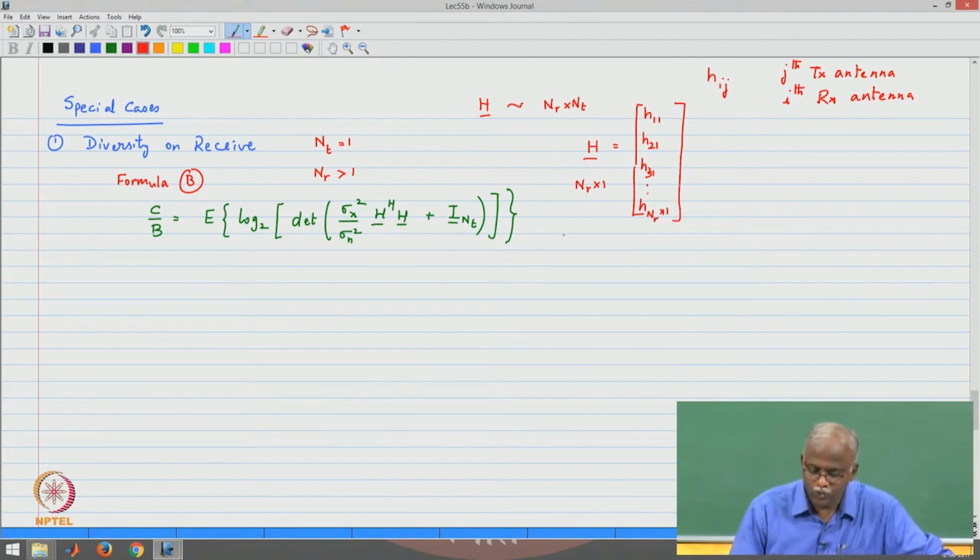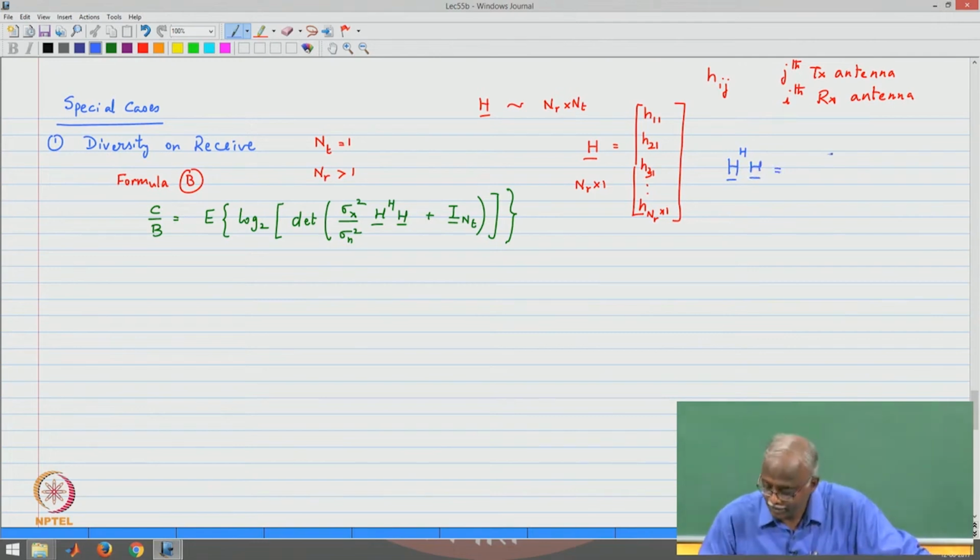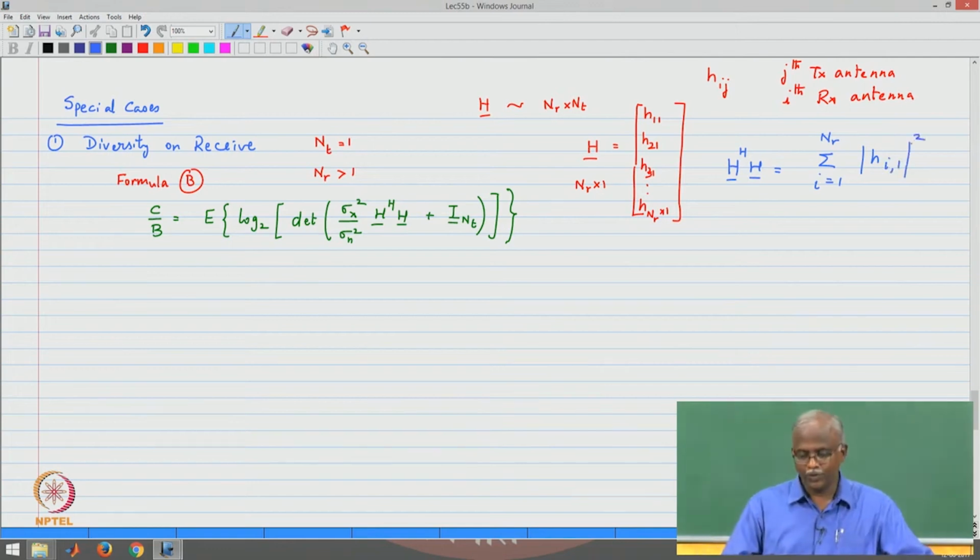And when we do H Hermitian H, it is important for us to write down that expression also. If you do H Hermitian H, what we will get is the summation i equal to 1 to NR of mod H i comma 1 modulo square. So, this would be the expression for H Hermitian H.